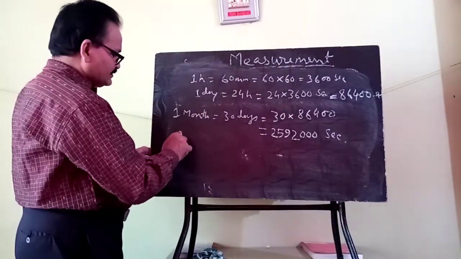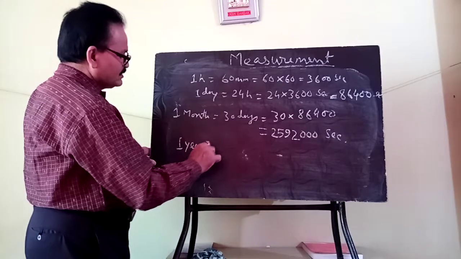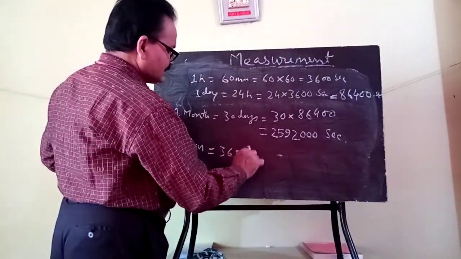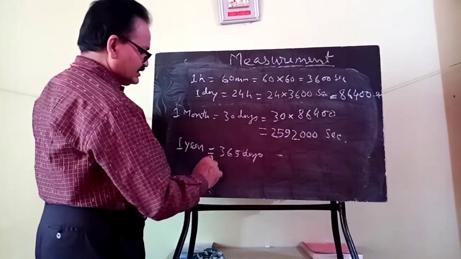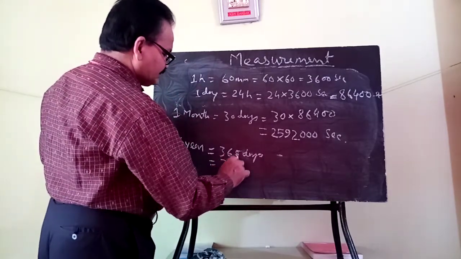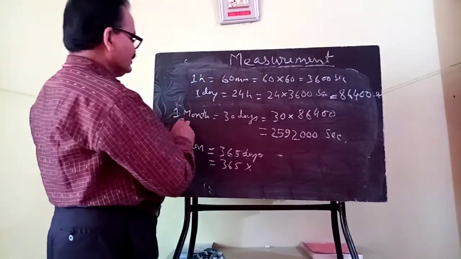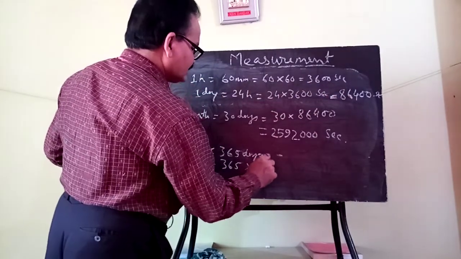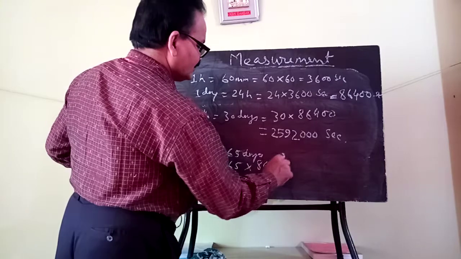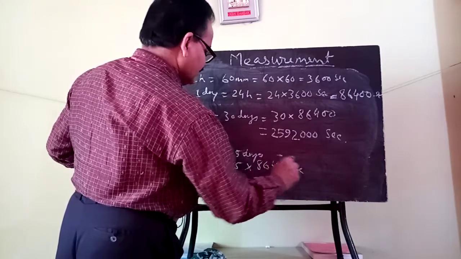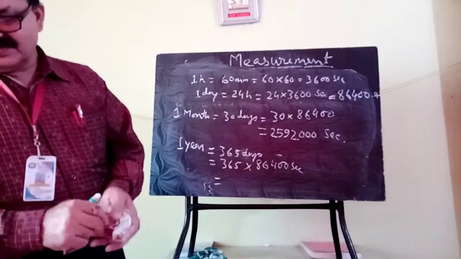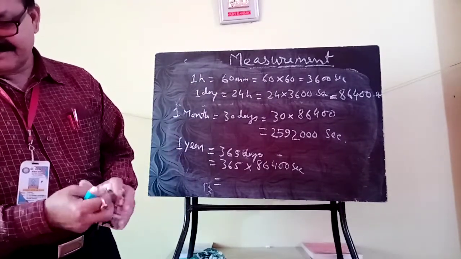Another, 1 year. 1 year is 365 days that we generally take. So 365 into 86400, this much of seconds. Whatever value you get, that is your 1 year.